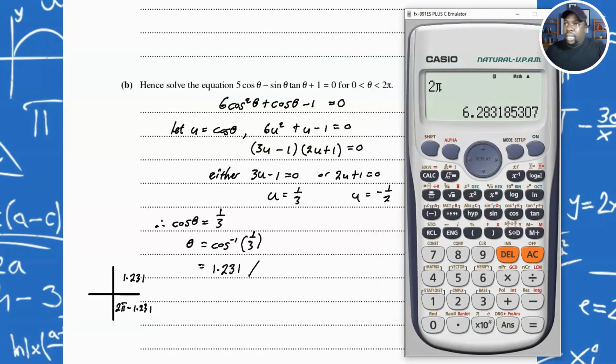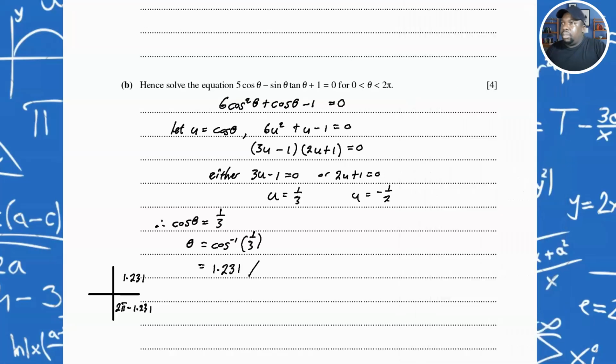So I'll say 2 pi minus ans, and we get 5.05 right here. Our answer should be 3 SF, so I'll just have that as 1.23 here, and the other one we got as 5.05. So these are two solutions, and I'm sure these are the only two solutions within range.